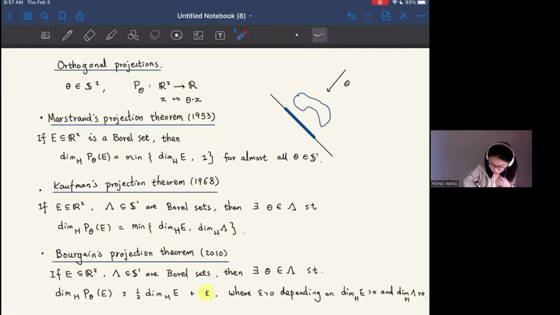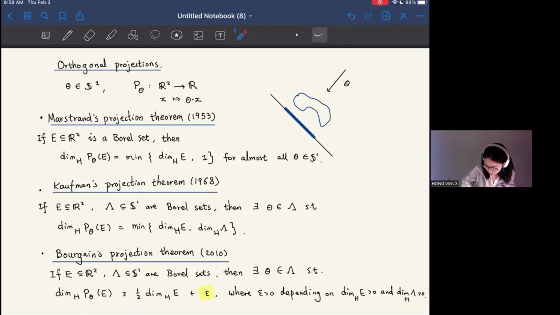So this is Bourgain's projection theorem, which says that as long as the Hausdorff dimension of the direction set is positive, then there exists a direction in our set such that the orthogonal projection image has dimension greater than 1/2 of the Hausdorff dimension of our set, plus some epsilon.